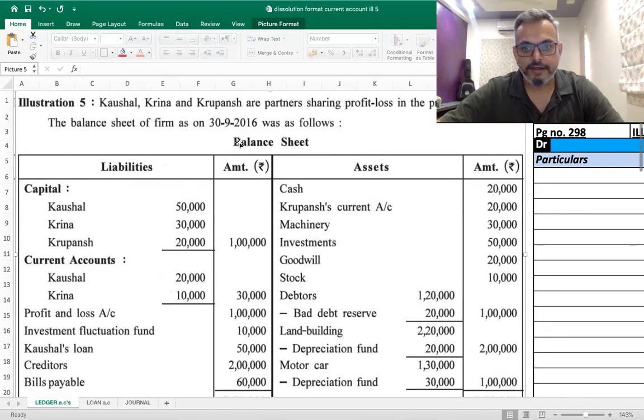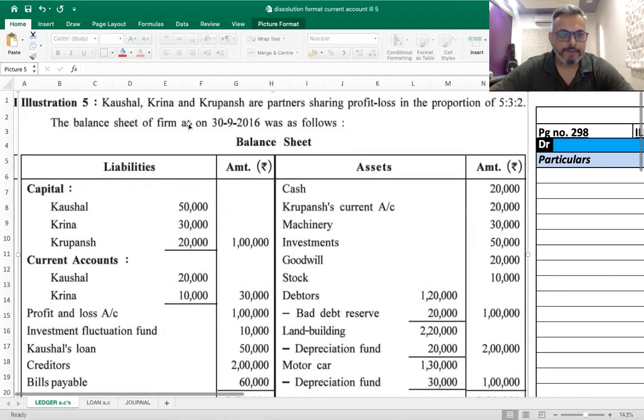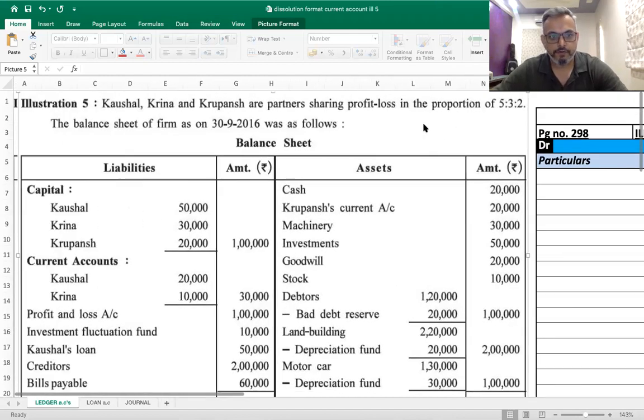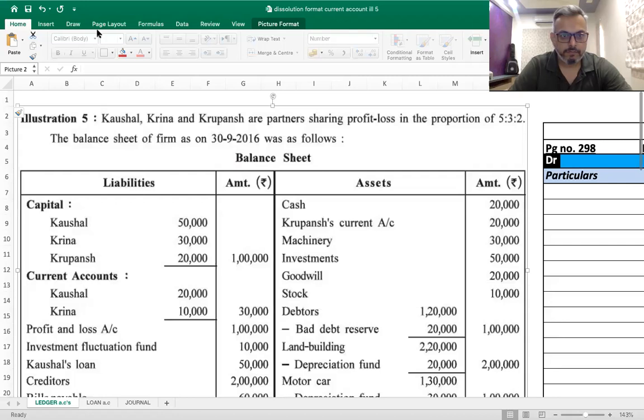Now let's start with the balance sheet first. Kaushal, Krina and Krupansh are partners sharing profit and loss in proportion of 5:3:2. So underline 5:3:2.